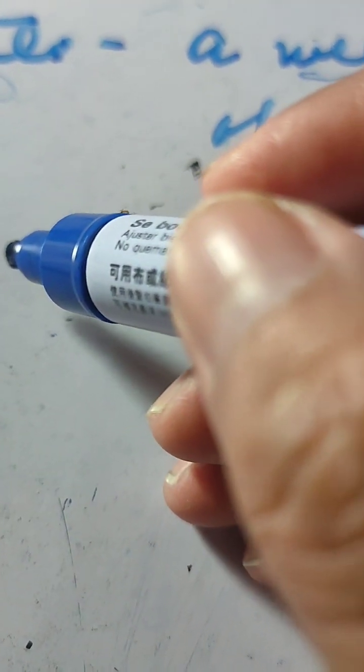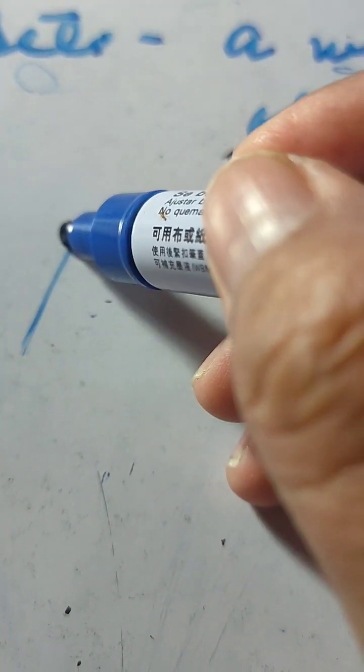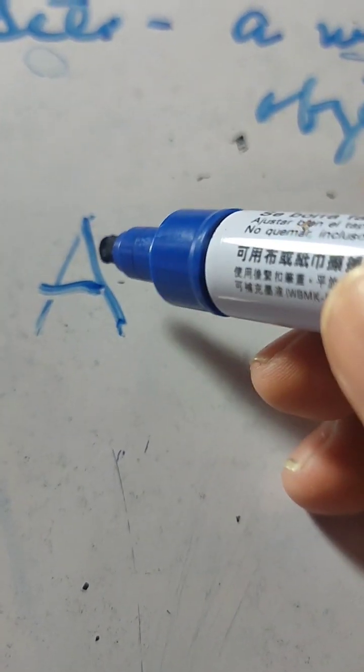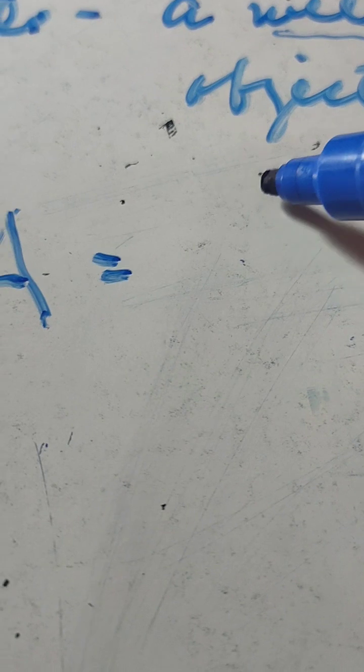Let me share an example of a set. We know that a set is named using a capital letter in the English alphabet.